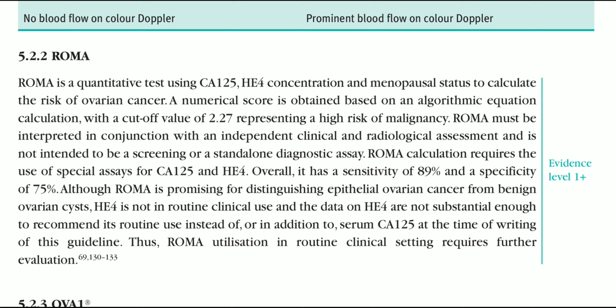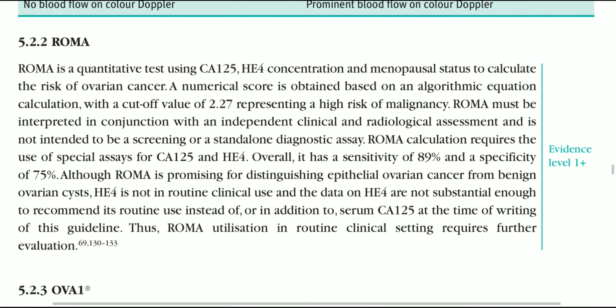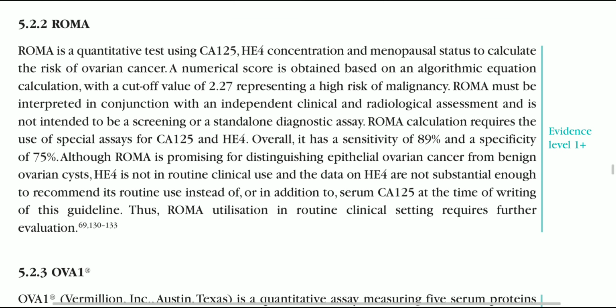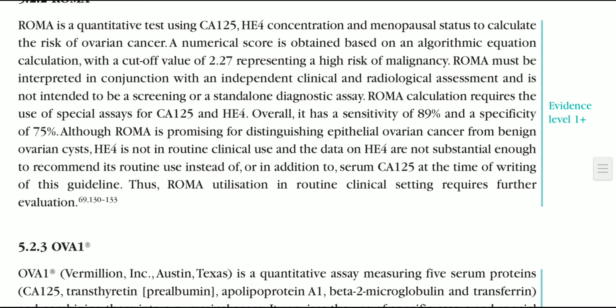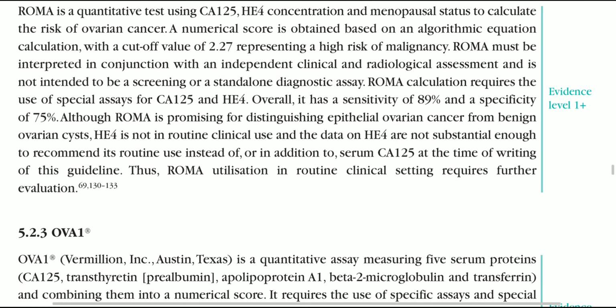A numerical score is obtained based on an algorithm equation with a cutoff value of 2.27 representing high risk of malignancy. Okay, and ROMA must be interpreted in conjunction with an independent clinical and radiological assessment and is not intended to be a screening or standalone diagnostic assay.